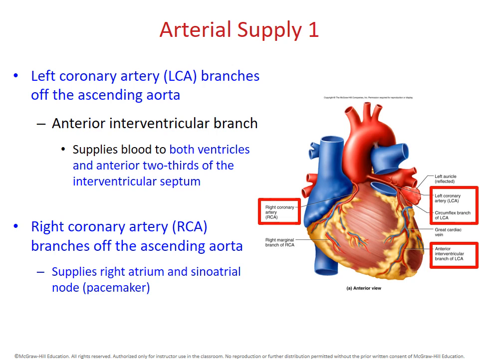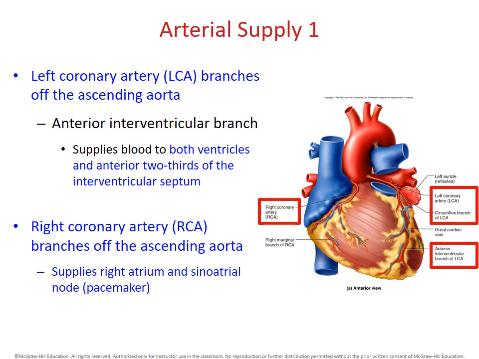All right, so for our artery supply, I definitely want you to know the LCA and the RCA. That's the left coronary artery. This one is going to be able to supply blood to the ventricles as well as the anterior 2/3 of the interventricular septum. So that's your LCA.